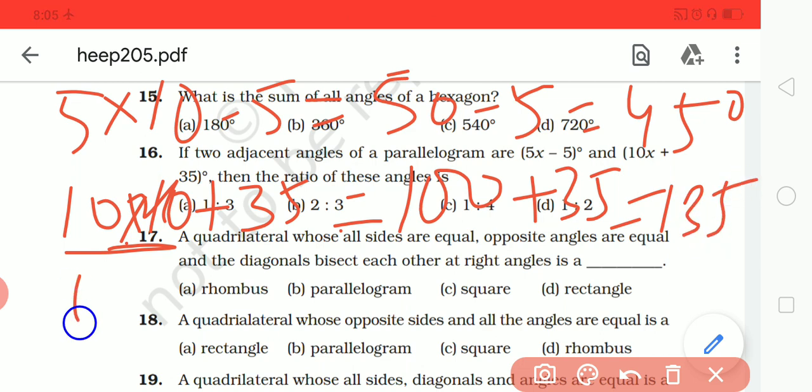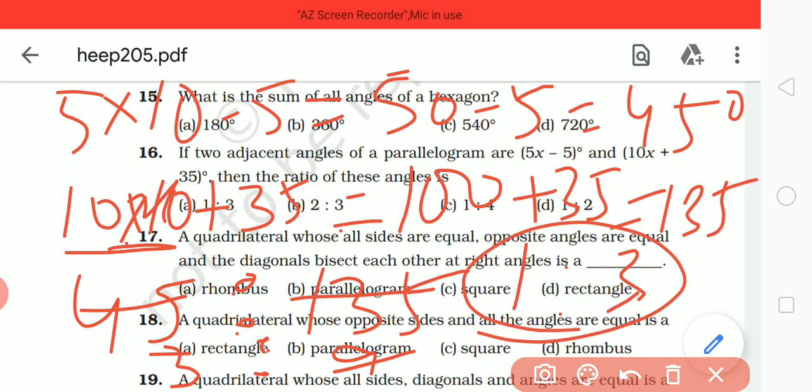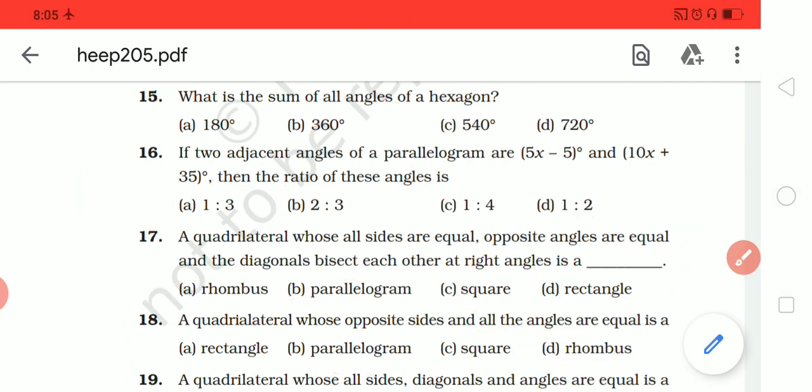So we have to find the ratio. 45 ratio 135. You can cut here, 15 threes are 45 and 15 nines are 135. Again you can cut here, 3 ones are 3 and 3 threes are 9. So this is 1 ratio 3. Let us check which option is showing 1 ratio 3. It is the first option, right?